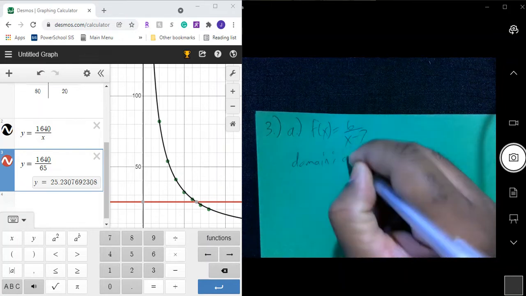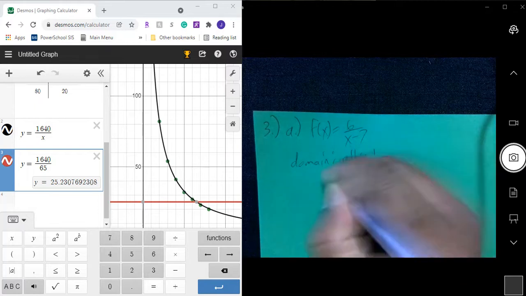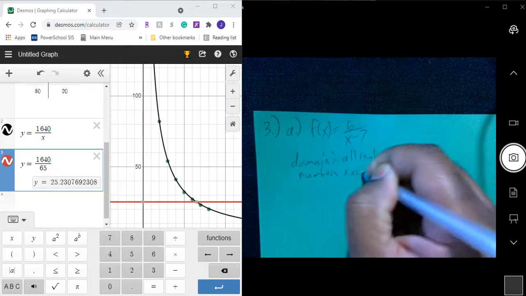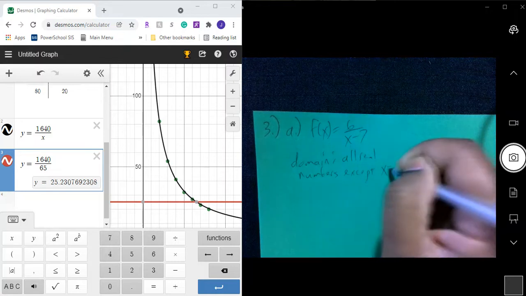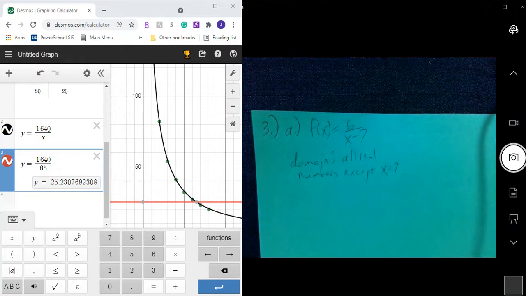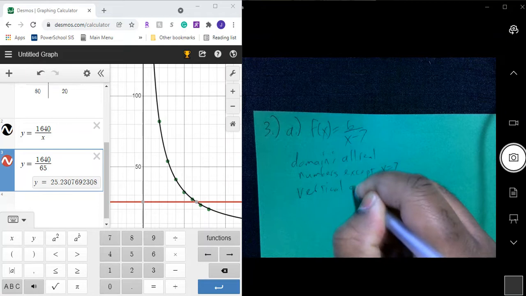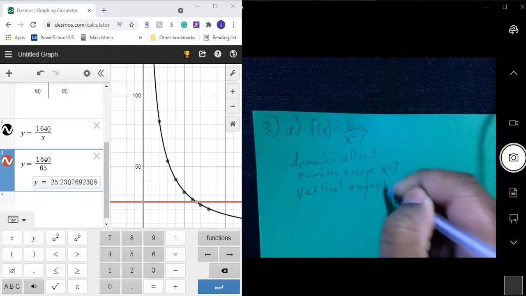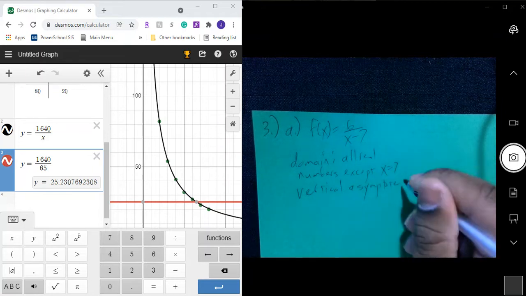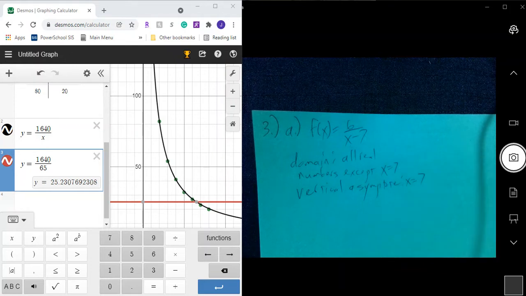So our domain is all real numbers except x equals 7. Now our vertical asymptote is also x equals 7 because we know that graph will never hit 7.